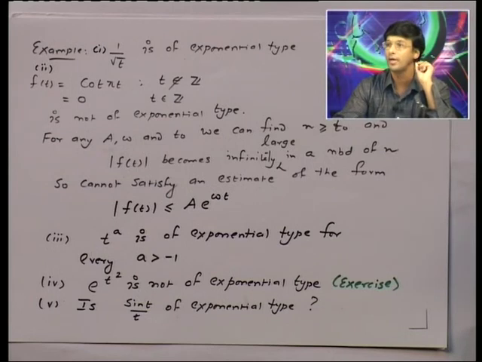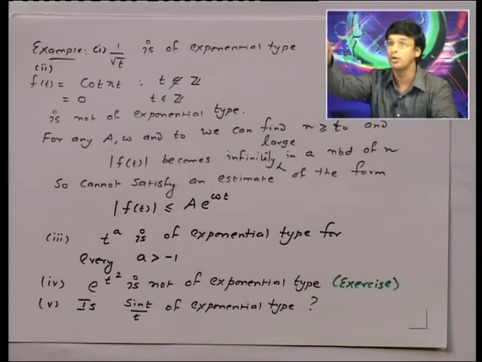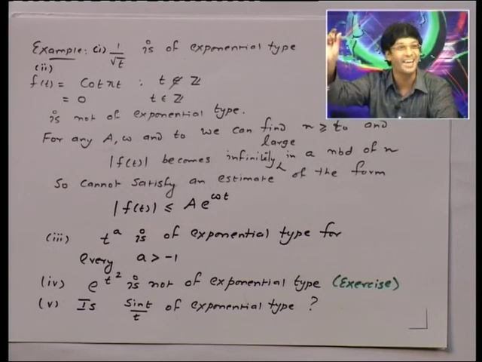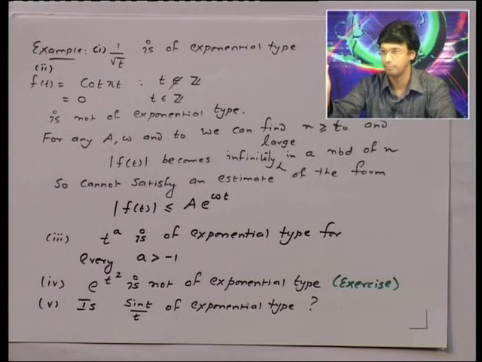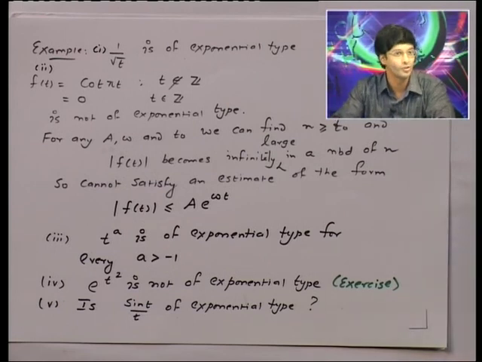And what is x to the power x? E to the power x log x. That is too big, that log x is there. It is not e to the power ax. Had it been e to the power ax, we are fine. That a should be a constant, but in the gamma function case, it is e to the power x log x. Not allowed. So, it is not of exponential type.